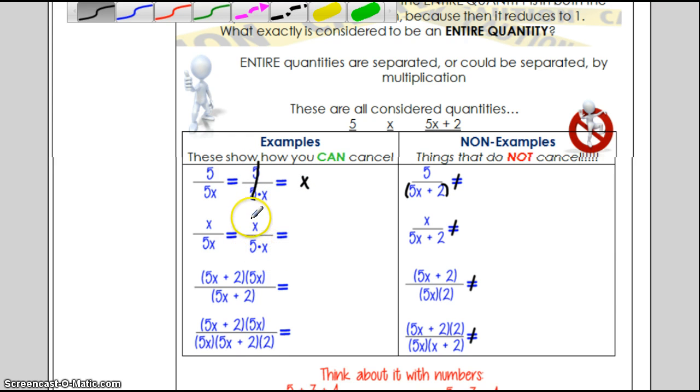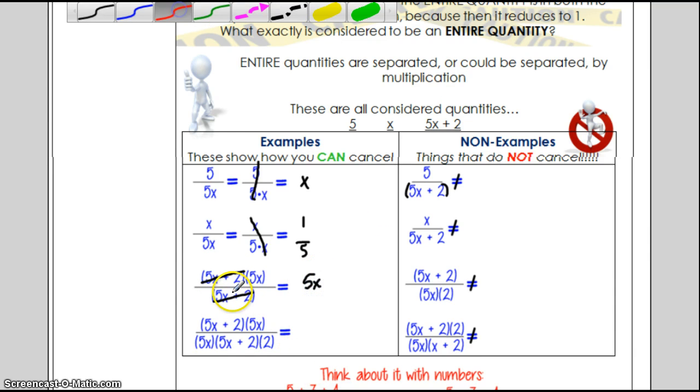They're not in parentheses and don't have addition, so we would just have 1 over 5. Here, this is an entire quantity of 5x plus 2 and a 5x plus 2. It does have a plus, but the whole thing is in parentheses, and this whole thing is in parentheses, and they match exactly. So we can go ahead and cancel that, and we write what's left.